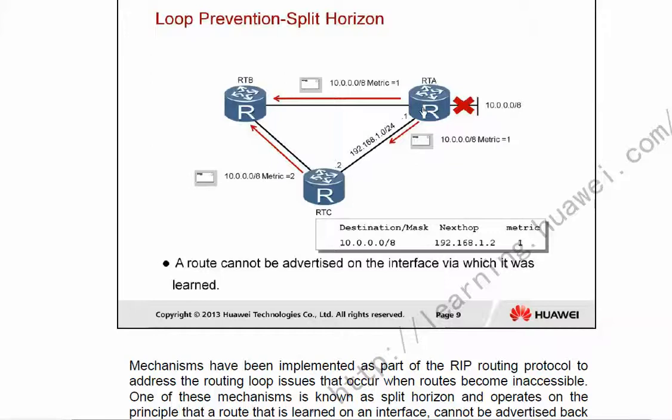In this case, if router A advertises 10 to C, C will not advertise it back to A, but it can advertise it to B only. So this mechanism can prevent the loop.